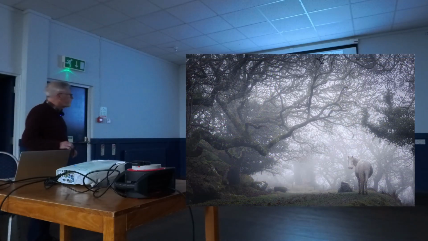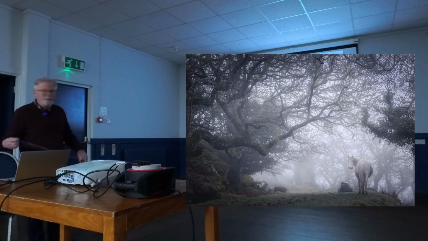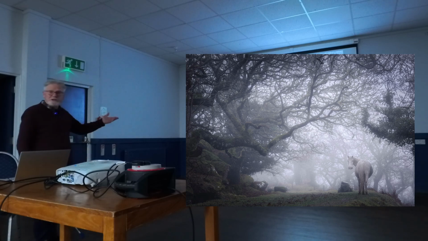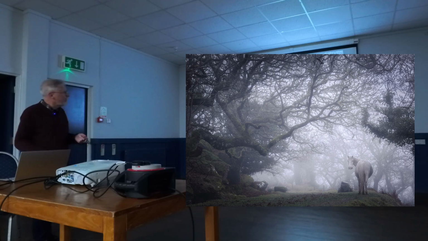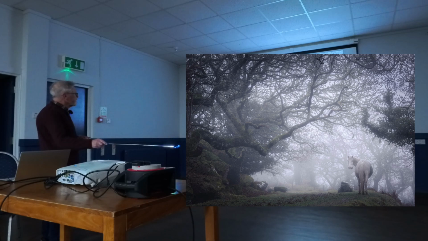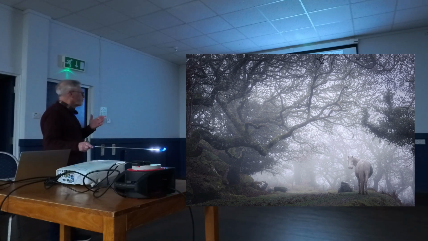This is another one of his. He doesn't know I'm showing these, so he'll kill me. And he just went out over Christmas when he got this. And you notice he's a master of composition. What a superb composition this is. You've got the horse on the right, and he's looking round at us. And the mist in the background gives us the depth, so the picture's got depth.